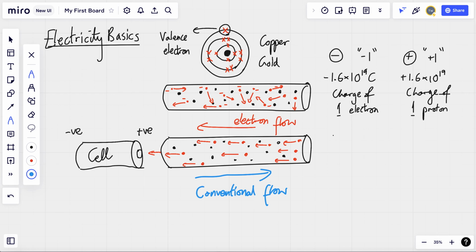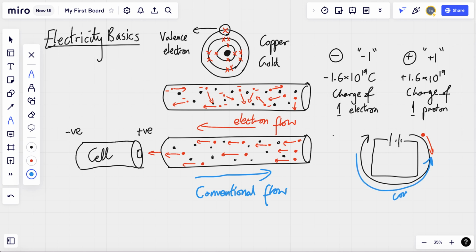That's something you need to be really careful about, because if I draw a circuit, in fact I'm going to draw a short circuit here, then the electron flow is going to be negative to positive, so the electron flow is going to be this way. That's the way our electrons are going. But my conventional flow is positive to negative.